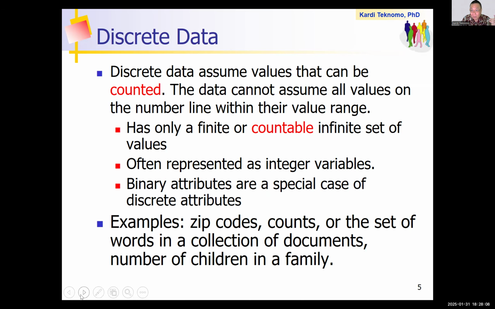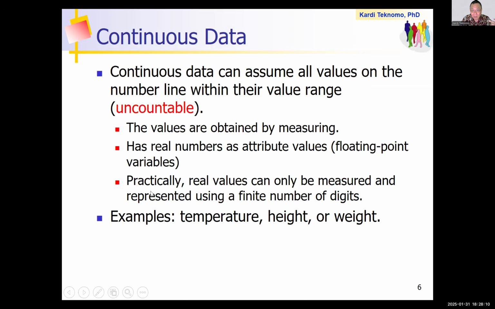The second one is continuous data. That means real numbers, which we call uncountable. Usually you measure by certain units, for example temperature, height, weight, and so on.